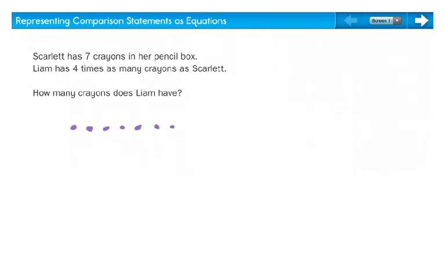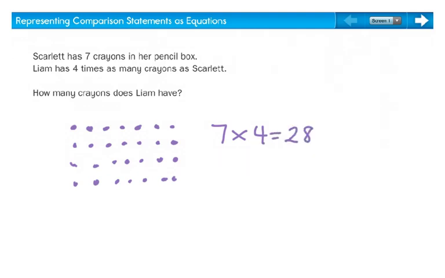If Liam has 4 times that amount, he would have 4 rows of 7. Think about what arrays look like when we write them as a multiplication equation. We've done this before. We could say that 7 times 4 equals 28. Liam has 28 crayons. This is another example.